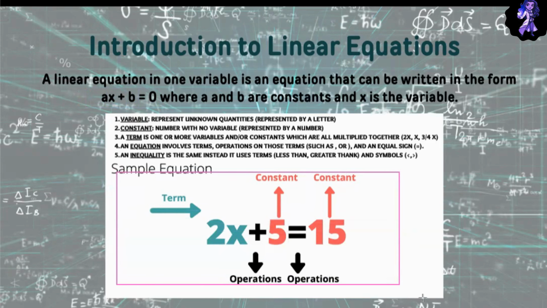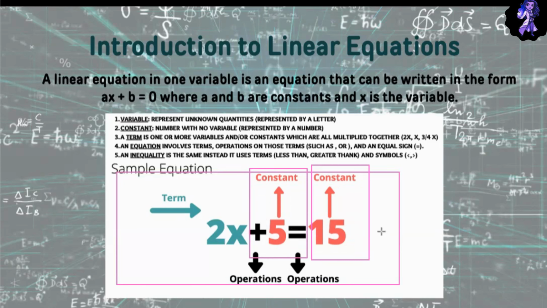In this sample equation, you see what are called constants. So the constants are the numbers in red here. It's important to note that constants basically are your numbers, and these numbers are not associated with a letter. So they're by themselves in this equation, and that's why they're called constants.